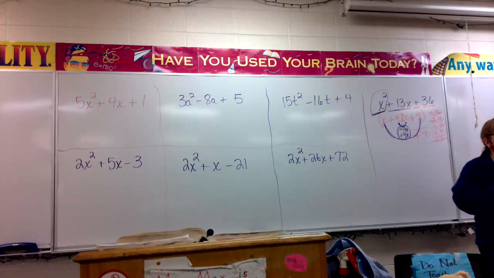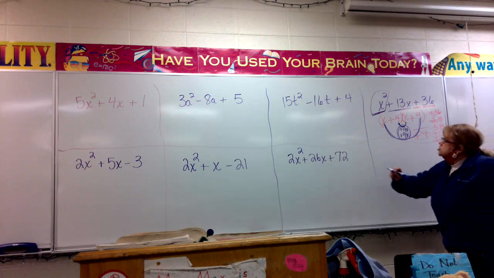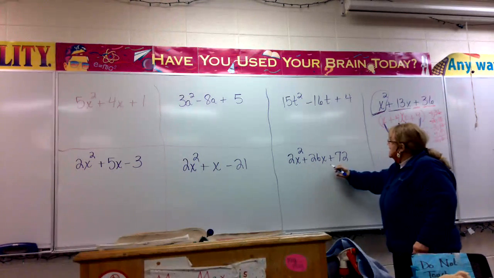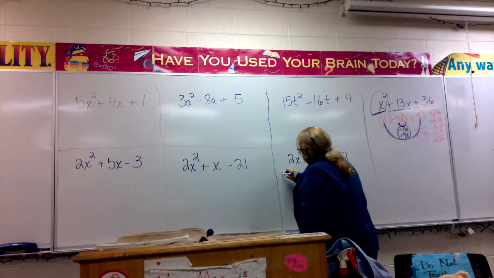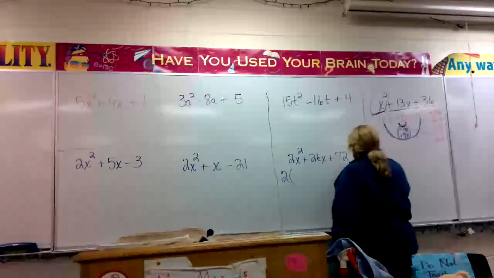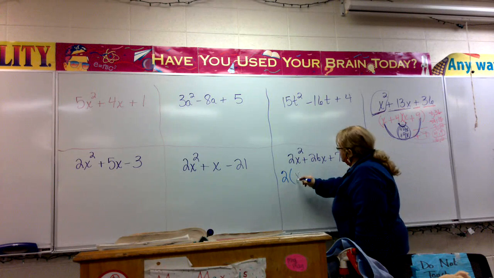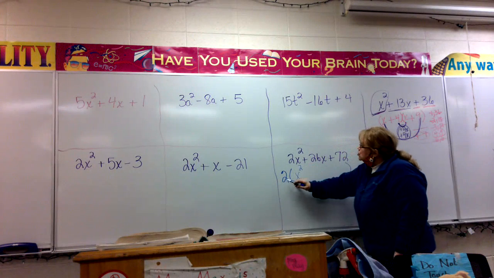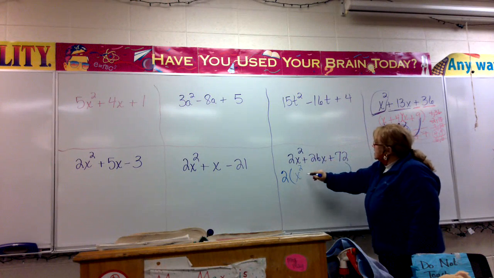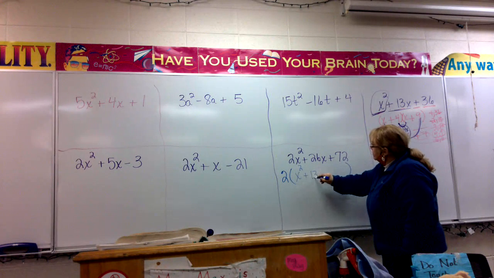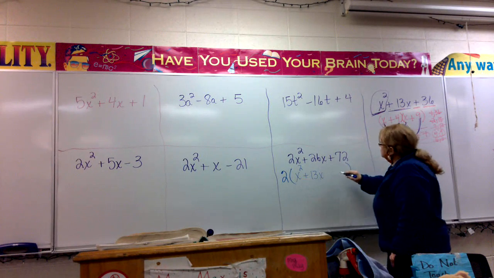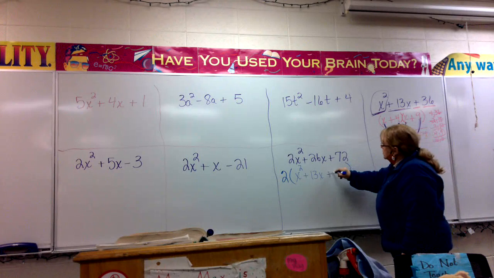There's a 2, right? So what we want to do, if there is anything in common, is to take it out right away. 2 times what is 2x squared? 2 times what is 26? 2 times what is 72?